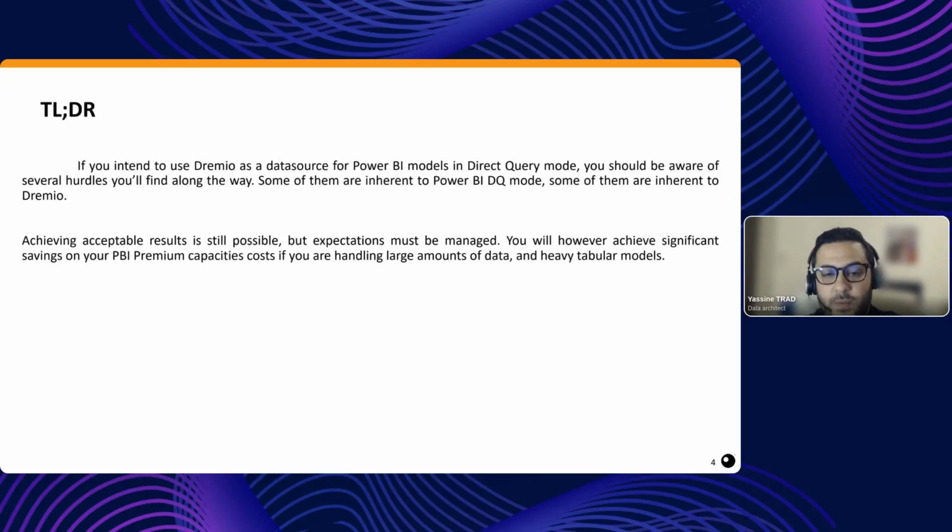It's very different from the experience with the import mode. You will, however, achieve significant savings on your infrastructure costs and specifically on your Power BI premium capacity costs. That's something that you have certainly experienced if you handle large amounts of data or if you have heavy tabular models. Okay, so that's for the summary. Let's get into the details.